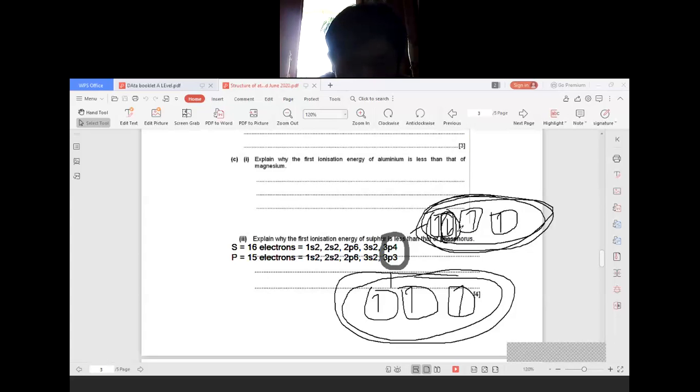That makes this electron easy to remove. What is the effect if it is easy to remove? It means it will have less first ionization energy. Understand?